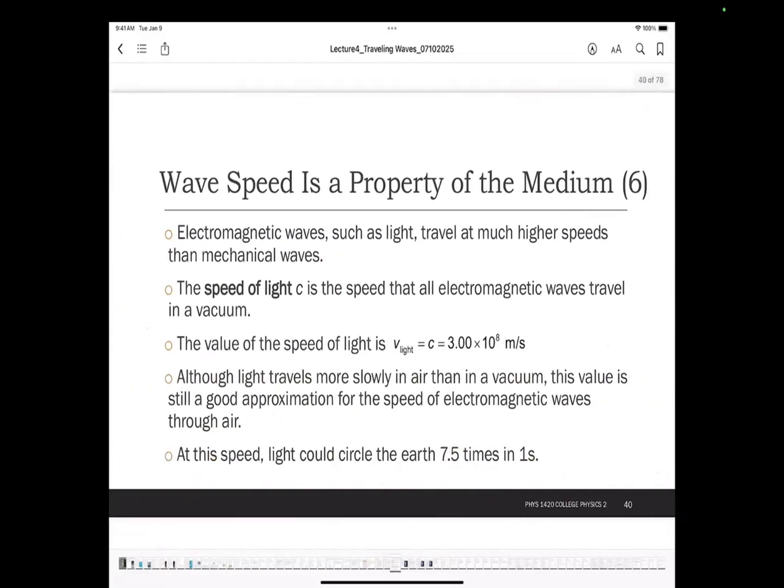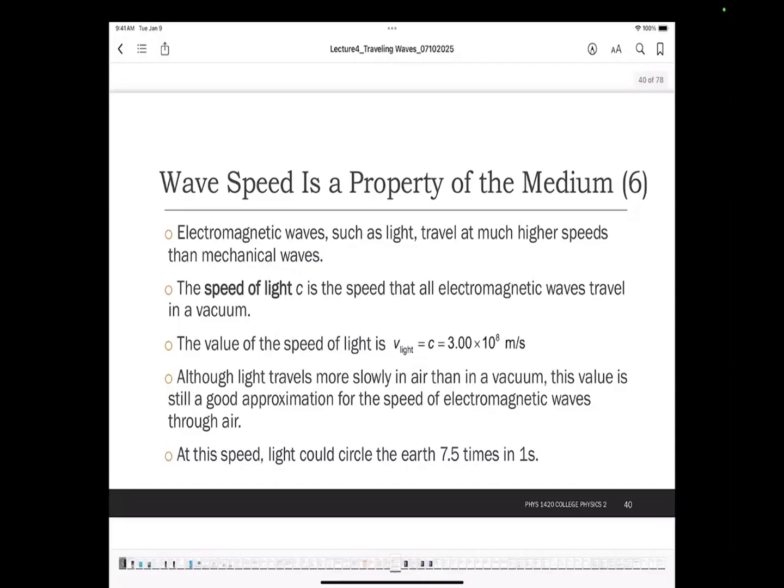Okay, let's continue to talk about wave speed. We talked about the wave speed on a string and also the sound wave speed, and now let's talk about electromagnetic waves. Electromagnetic waves such as light travel at much higher speeds than mechanical waves.